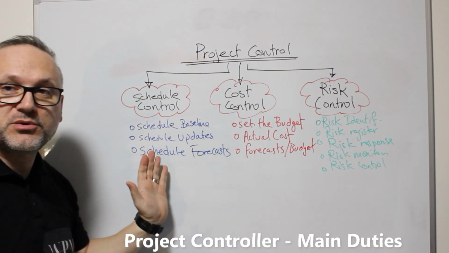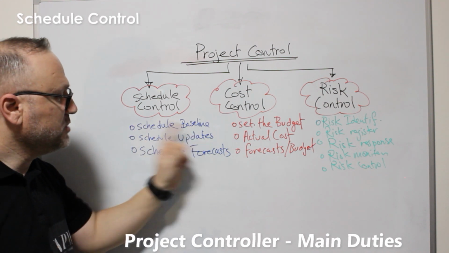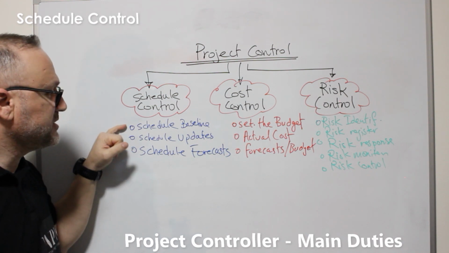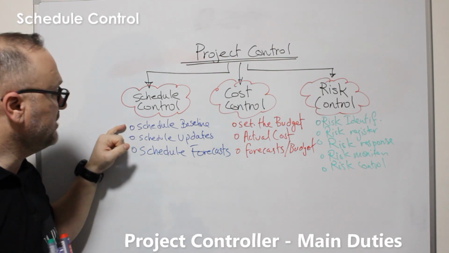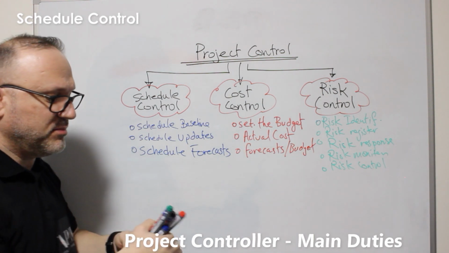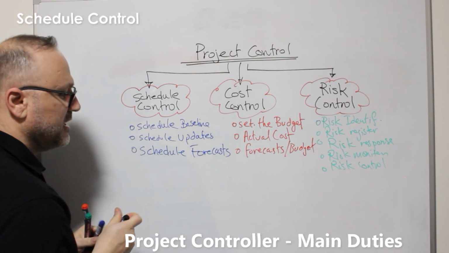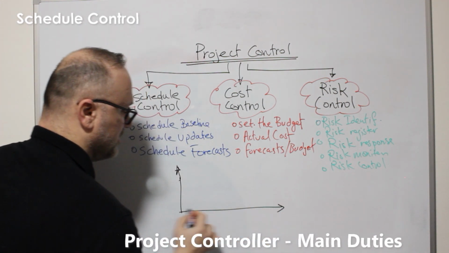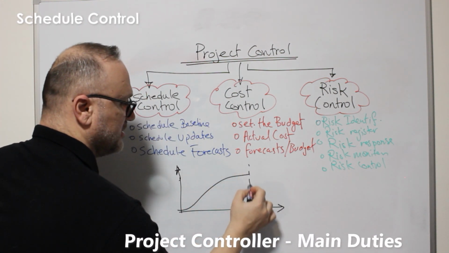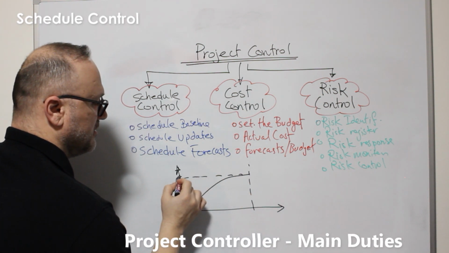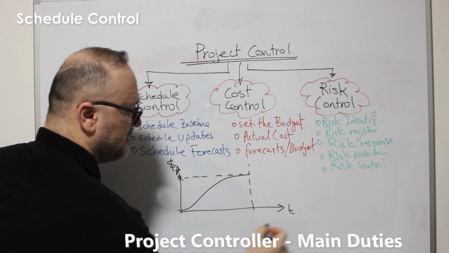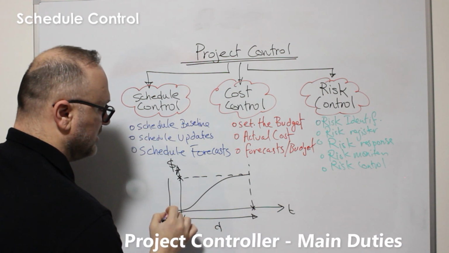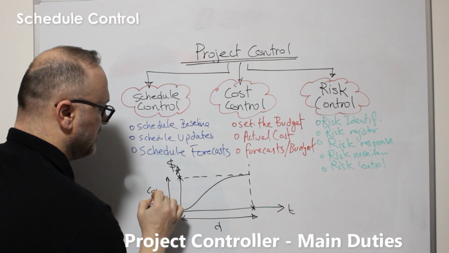For the schedule control, the schedule is baselined during the project planned phase. Now, during the project execution, if we say that the project is here, this is the time, this is the duration of the project, and this is the cost.